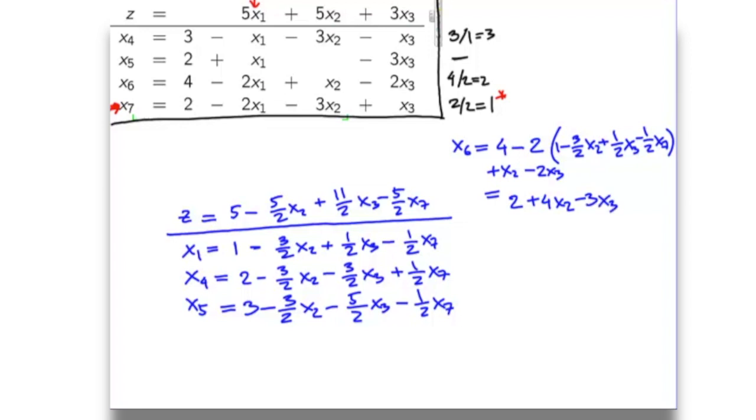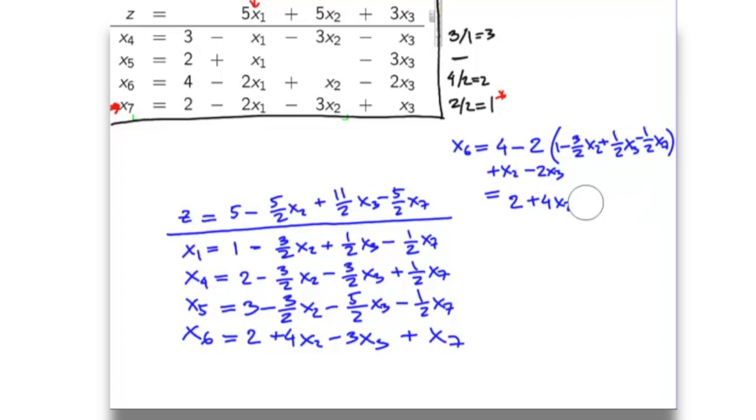And the coefficient for x7 is minus 2 times minus 1/2, so which is 1. Okay. All right, so let's write this here. So we have x6 is 2 plus 4x2 minus 3x3 plus x7, and we are done.